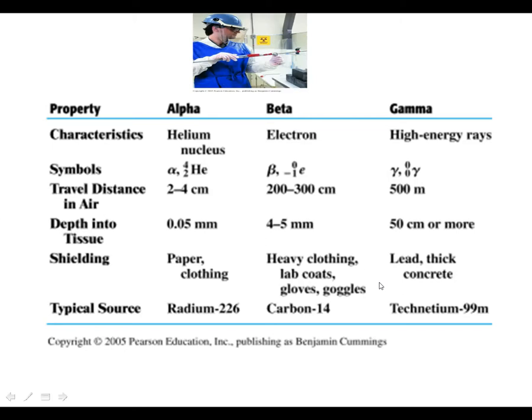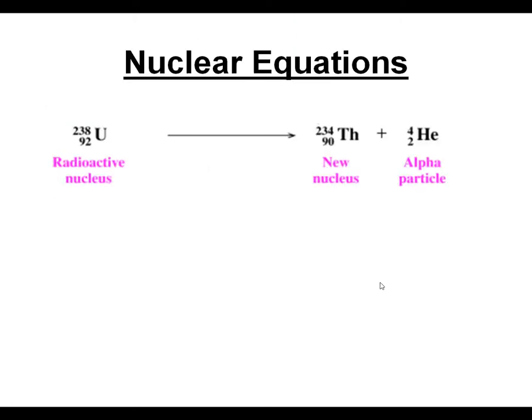So if you happen to find yourself working with some type of radioactive material, maybe doing research or in your laboratory in your future, it's always really important to A, know what you're dealing with, and B, know what type of emitter it is, so you can provide yourself with the proper protection.